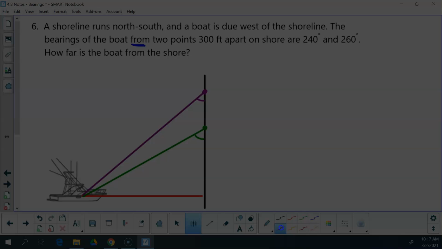So that means that this one down here is the 260 degree bearing, which means that this in here is an 80 degree angle. Also means that this one up here is the 240 degree bearing, which means that this is the 60 degree angle there.